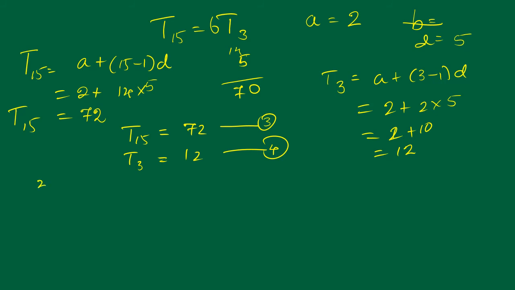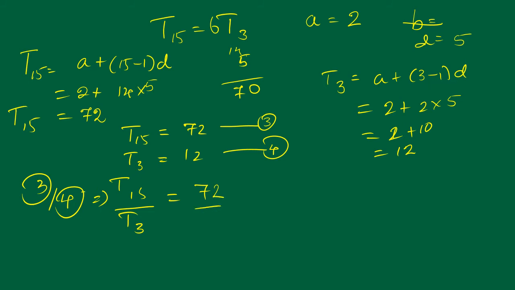You can divide 3 by 4, and you can get t15 over t3 is equal to 72 over 12, that means t15 over t3 is equal to 6, and you can do the cross multiplication, and you can get t15 is equal to 6 times t3, and this is what we wanted to show, and here is the answer.